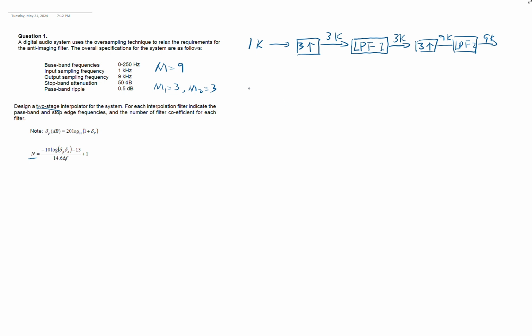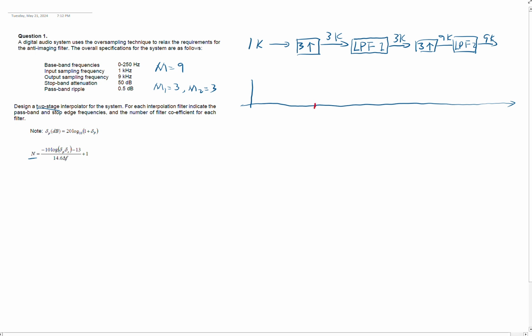So let's see what happens. If we have a time series like this, initially we have a 1 kilohertz signal.